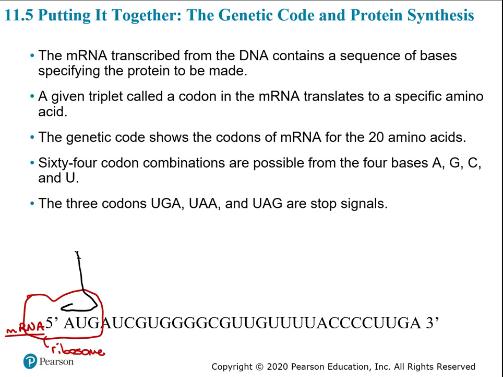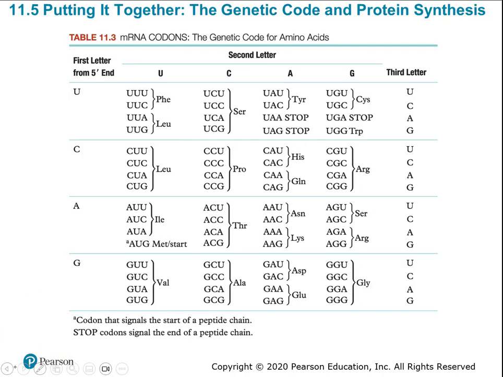But if we look back on that genetic code, find AUG. Do you see it in the first column? AUG always codes for MET, which is methionine. Notice that all proteins start with AUG. So that is also another signal to the ribosome: this is the beginning.